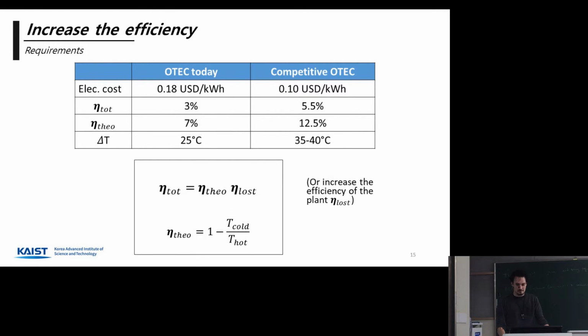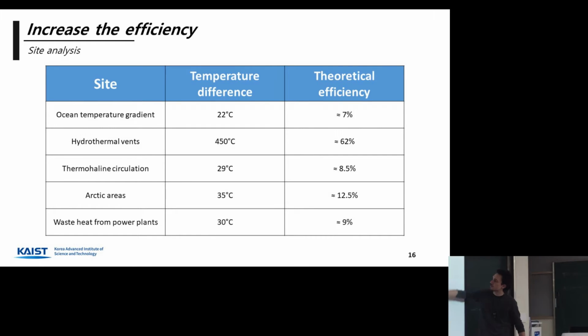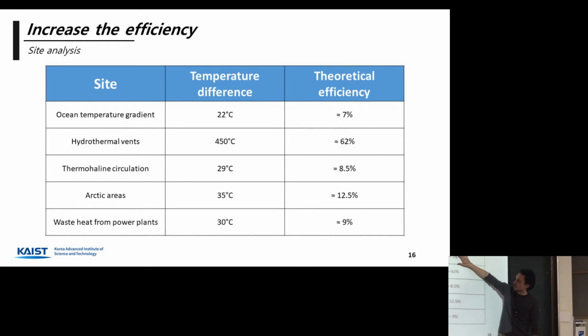Is it doable? We already spoke about the SIT analysis, so I will briefly go through this again. This is the normal case. It's not enough. Hydrothermal one will be more than enough, but as we already talked about, it's really difficult to achieve because of extreme conditions and really local sites.